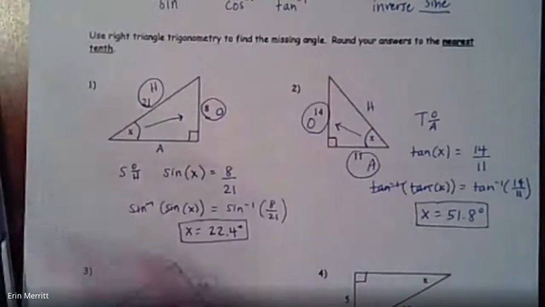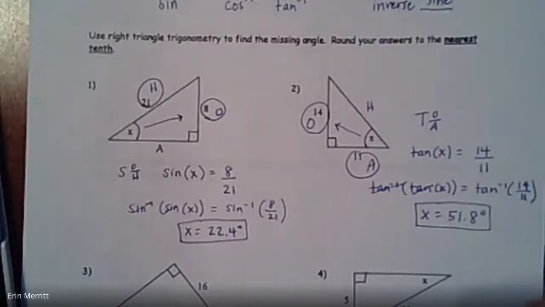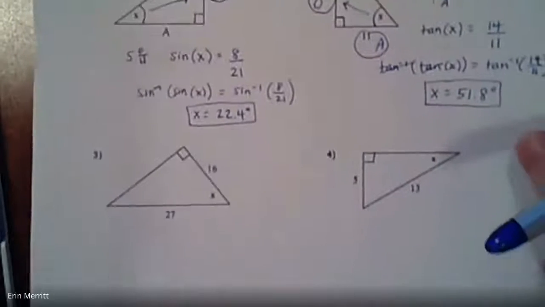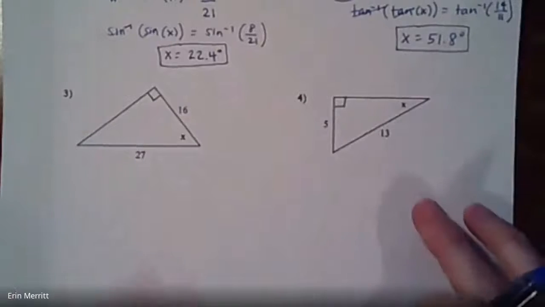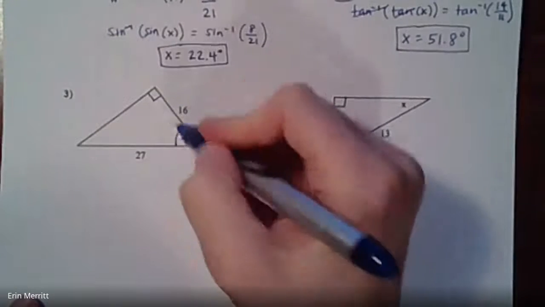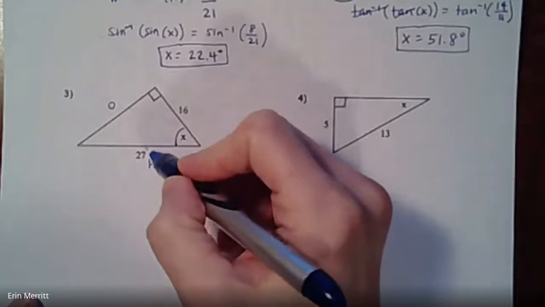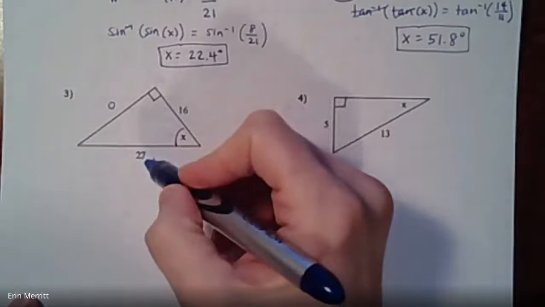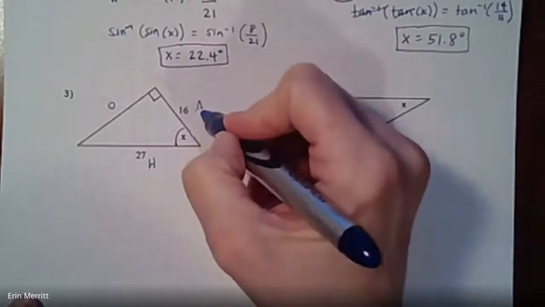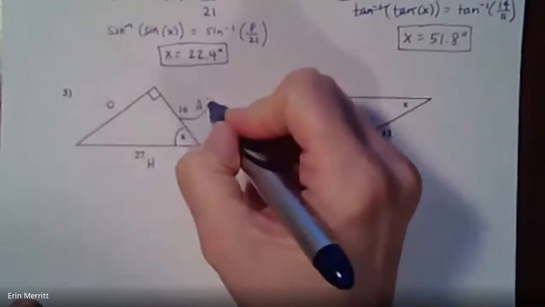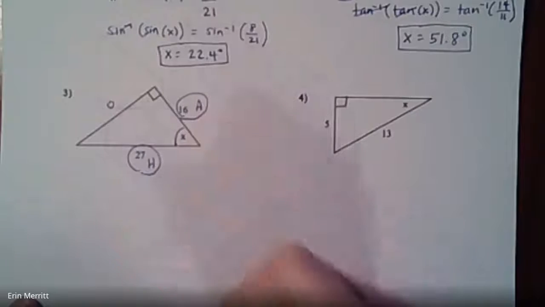So it's pretty simple. As you're showing the work, you might start to be able to shortcut a little bit of the steps. So let's do that with number 3. Here's my x, opposite the 90 degrees, sorry, is the hypotenuse. And then my side next to it is the adjacent. So we have the adjacent and the hypotenuse here.